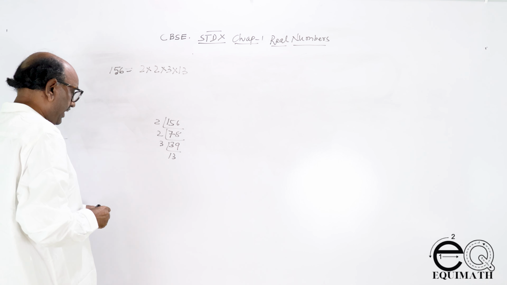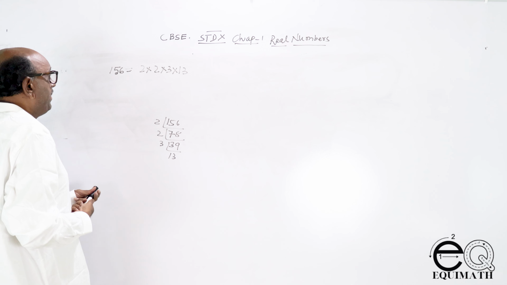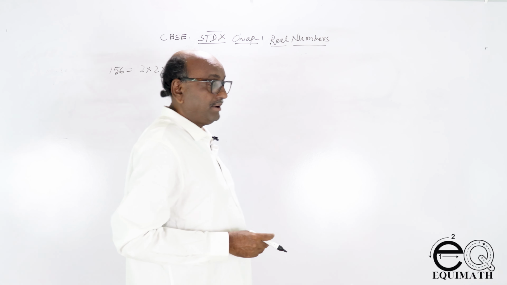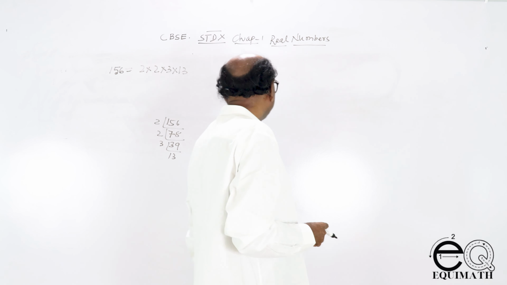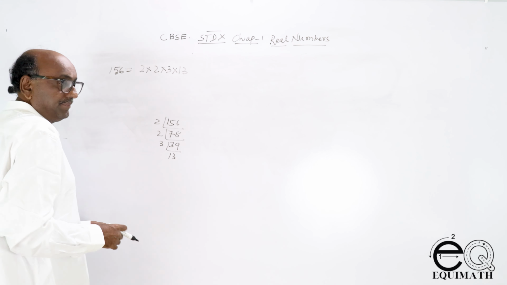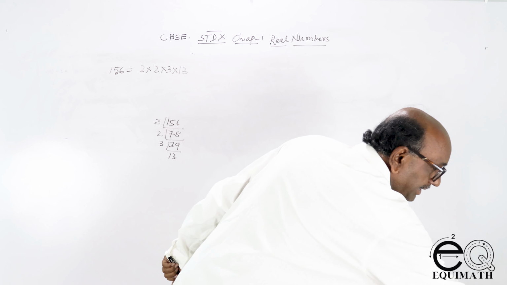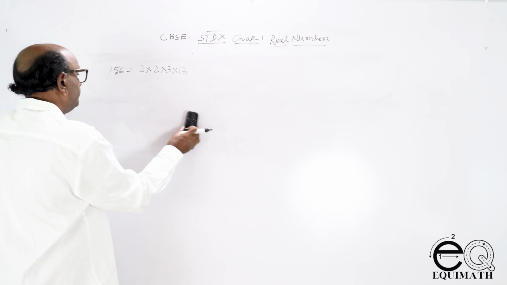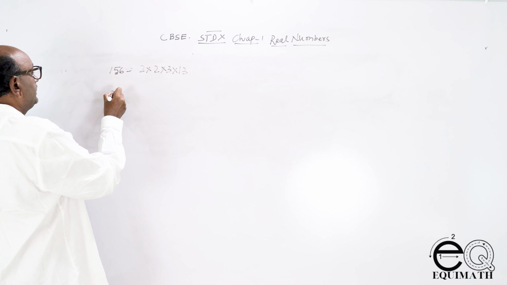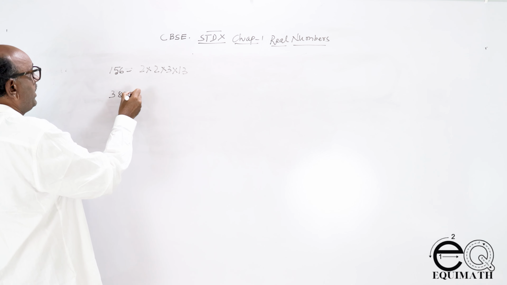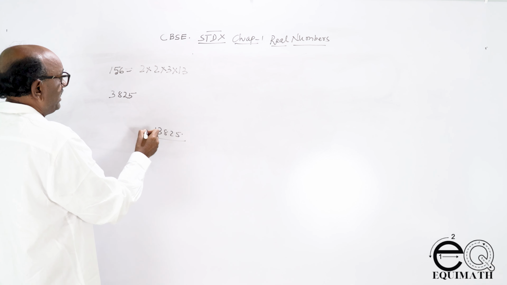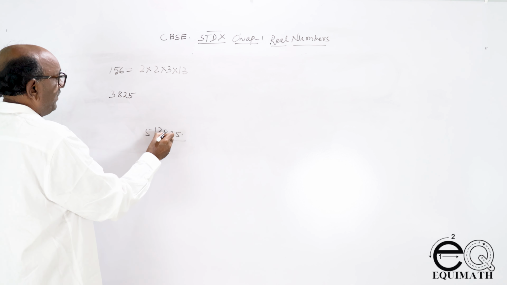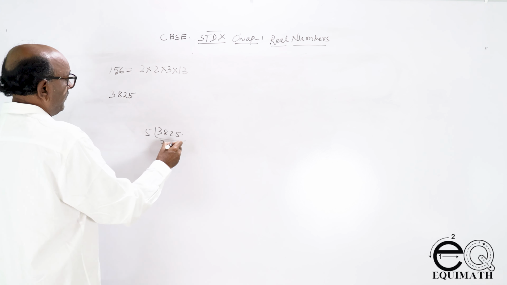Clear? Then find the prime factors or prime factorization of 3825. Here 5 is there, so you can divide it by 5. 5 times 7 is 35, 5 times 6 is 30, so we get 765.